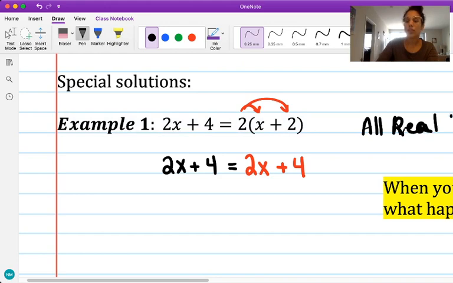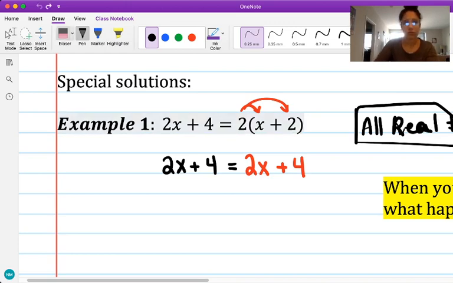All real numbers is my solution. Because look what happens. If I actually try to solve for this right now and I do minus 2x, these both cancel out, and so I get 4 equals 4.